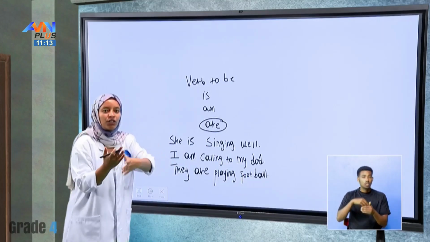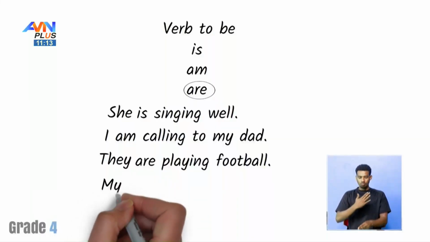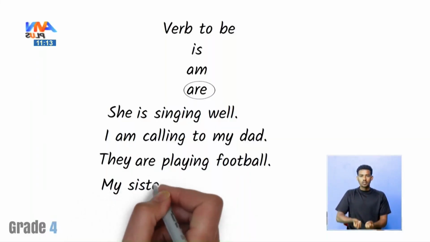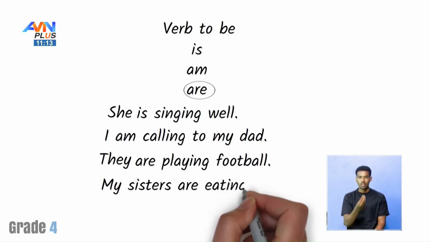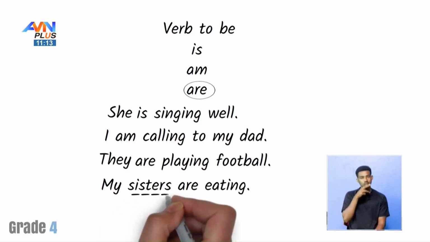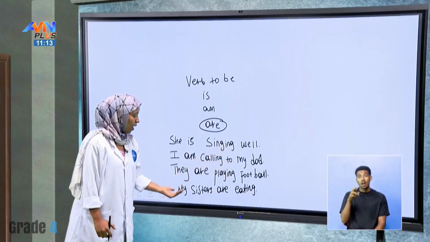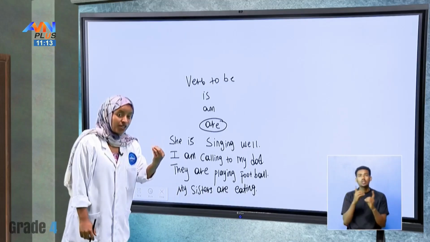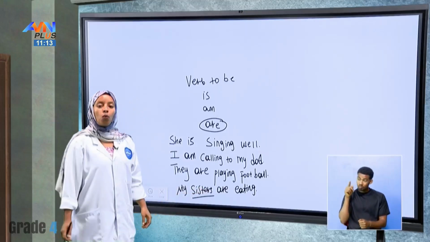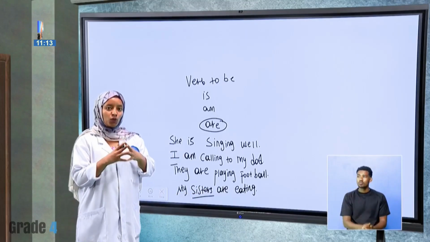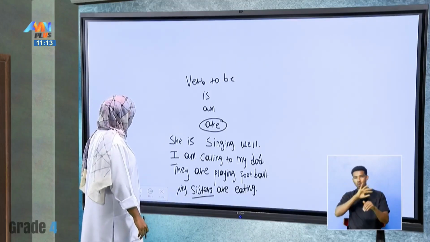Let us use another plural subject with a noun, for example, my sisters. What? Are eating. My sisters are eating. So what they are doing is eating, and we can use are because here is a plural subject. Okay, students, I hope you all are with me and understand well.